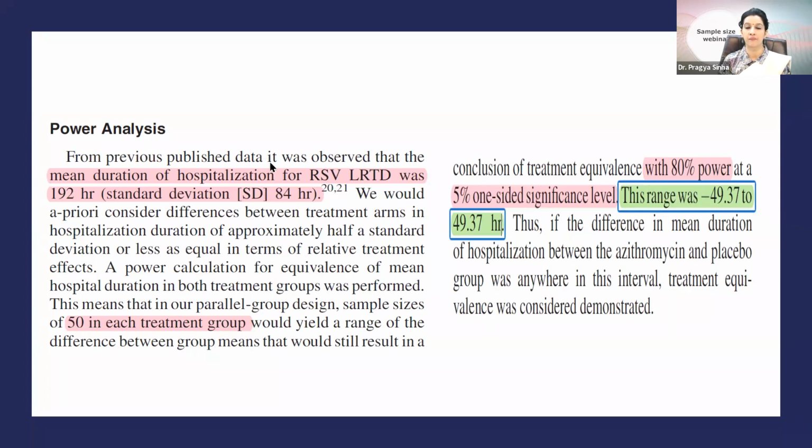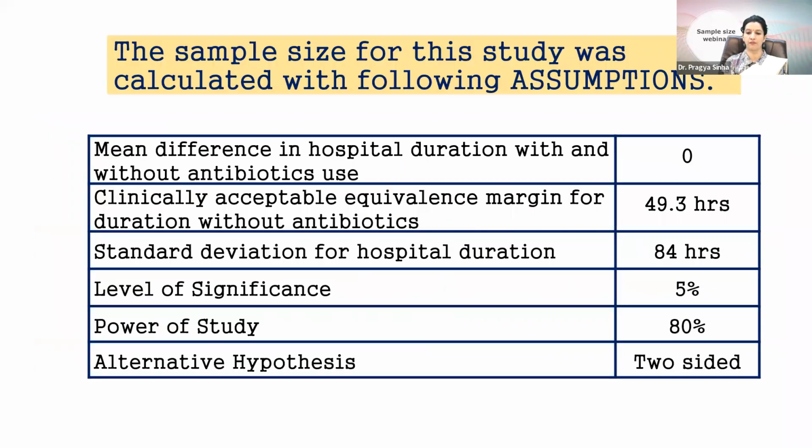That means even if the mean duration was more than 49 hours higher or lower, they will keep it as an equivalence. And with 80% power and 5% alpha level. So the mean difference was 0. The clinically acceptable equivalence margin was 49.3. The standard deviation was 84. And the power of the study was 80%, with alpha 5%.